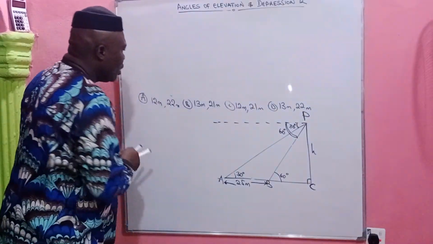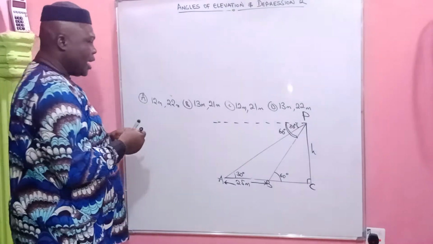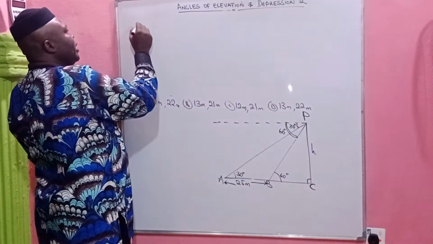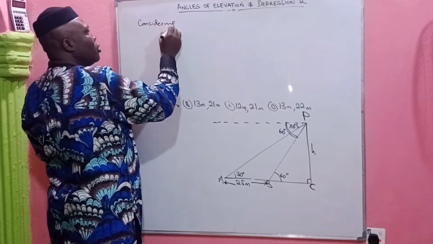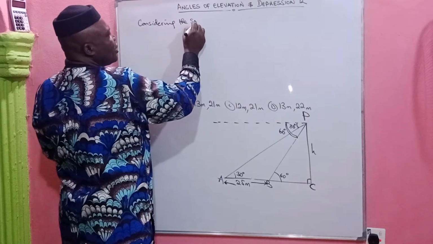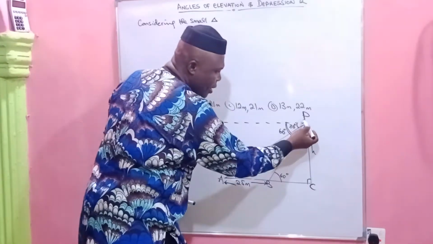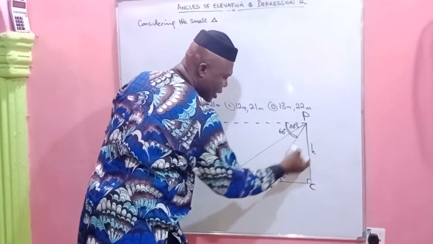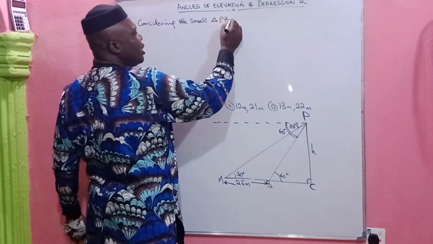All right, so let's consider the first triangle. We are going to consider the first triangle. So considering the small triangle, and the small triangle we have is PBC. Triangle PBC.